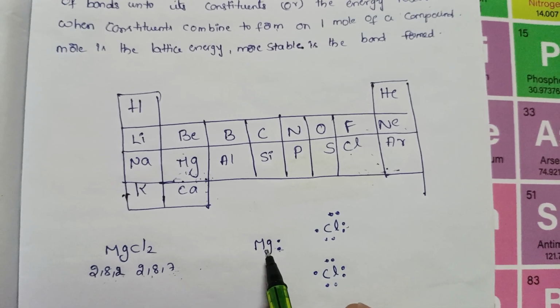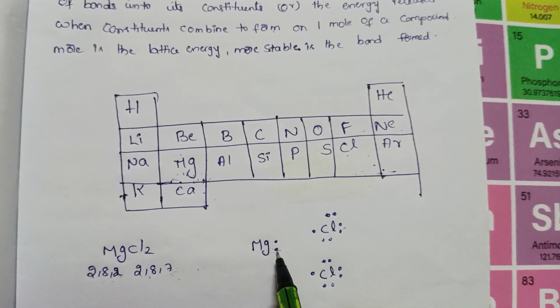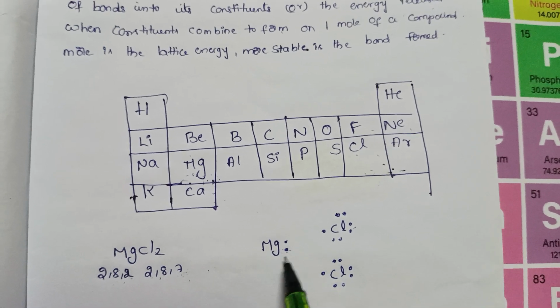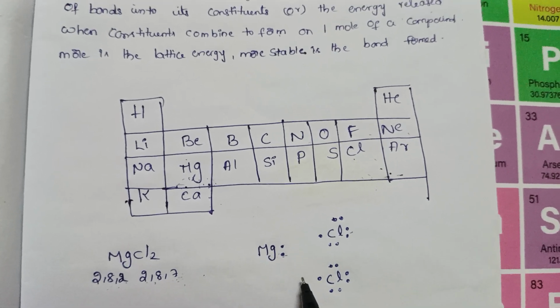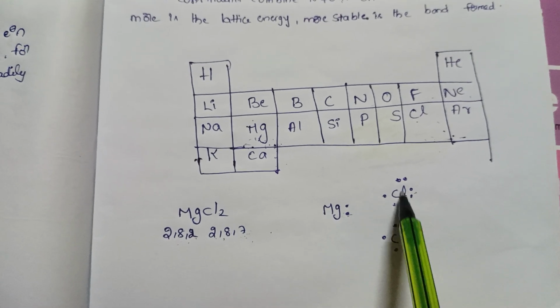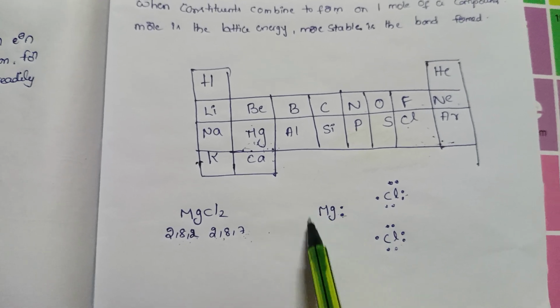To attain noble gas configuration, one more chlorine wants magnesium to donate one more electron to another chlorine. Both chlorines attain noble gas configuration.